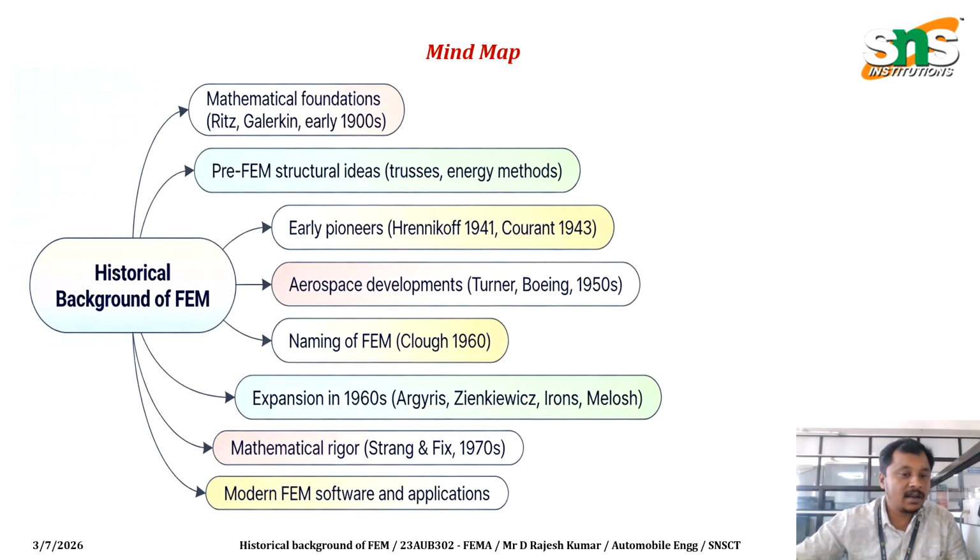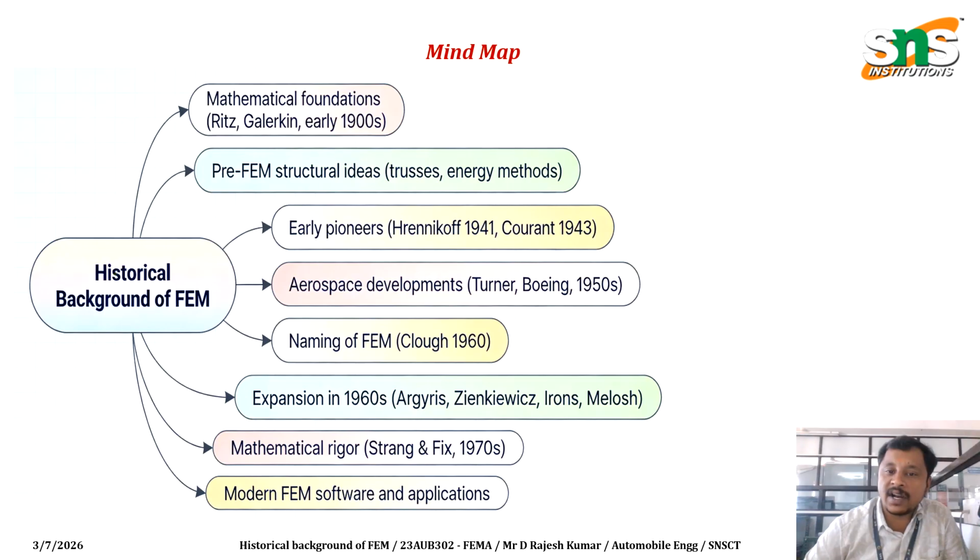From this presentation, let us conclude by discussing this mind map. If you see this mind map, you can see the first mathematical foundation, that is the Rayleigh-Ritz method and Galerkin method, invented in the early 1900s, and pre-FEM structural ideas, that is stress or energy methods.